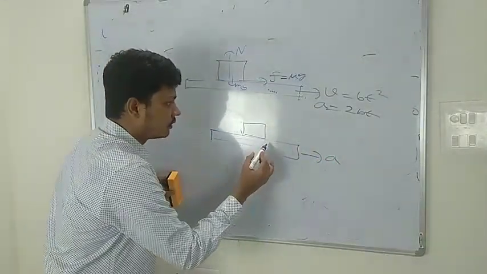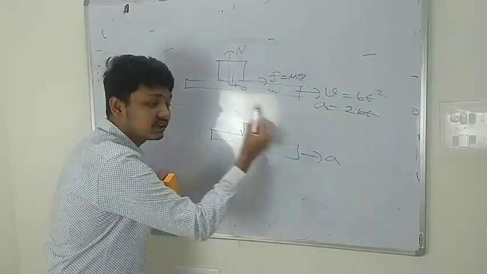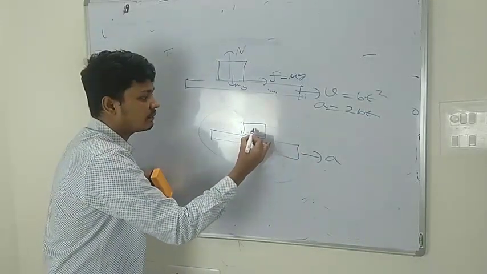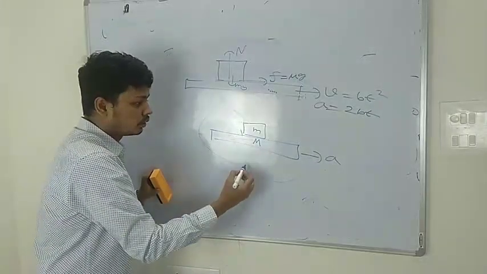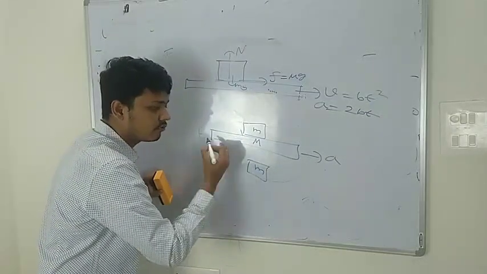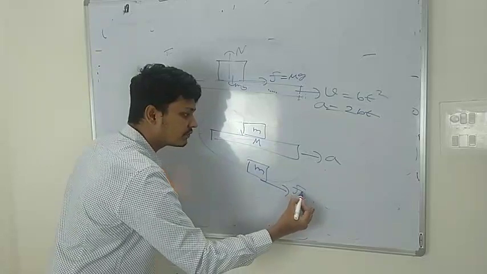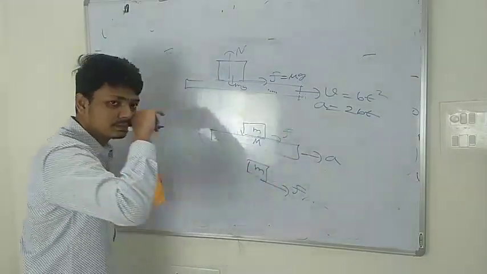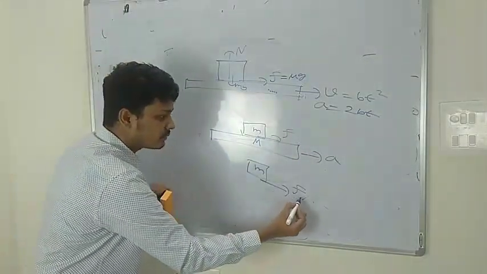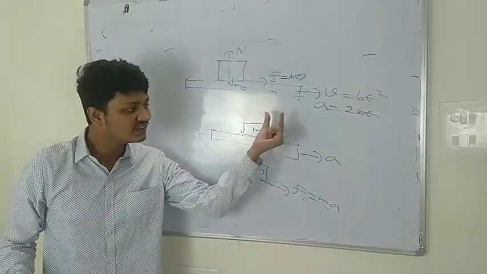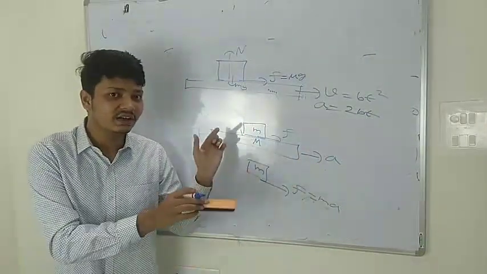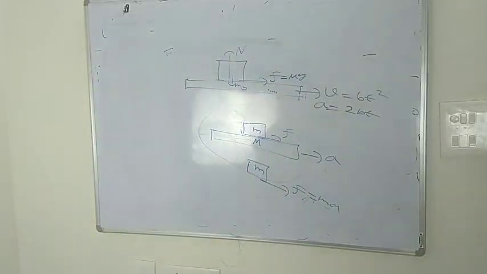If this is m and this is m, the small mass is moving towards the right only because of the friction force, and the friction must have the value ma, then only the small mass has the same acceleration a and there is no relative motion.